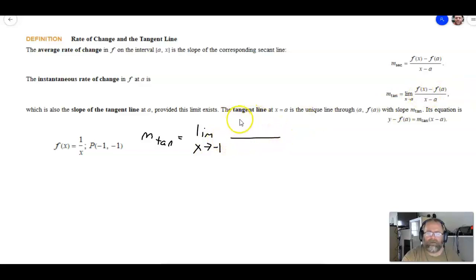So the function is 1 over x minus f of a, that's going to be f of, here's my a, -1. So if you plug -1 in there, 1 over -1 is -1. So this is going to be minus -1, all over x minus -1.